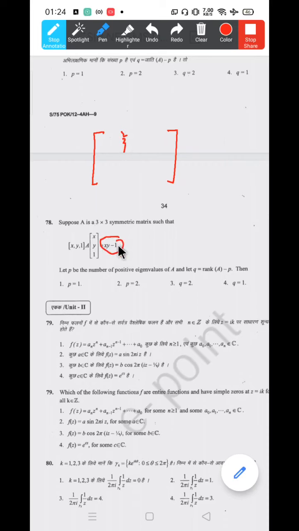If there is a function which is xy minus 1, what we used to actually do is write it in terms of x square, y square, z square, something like that. Xy minus 1. What should I do now? We don't know the eigenvalues actually.